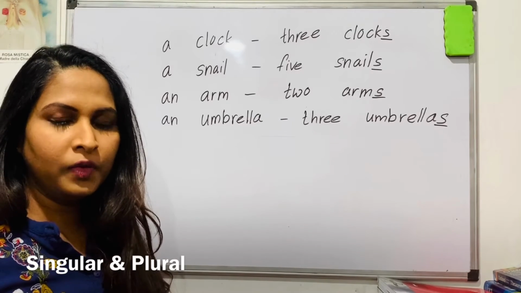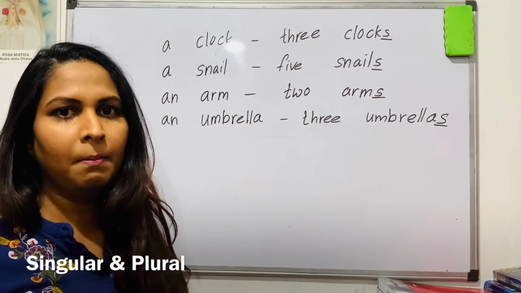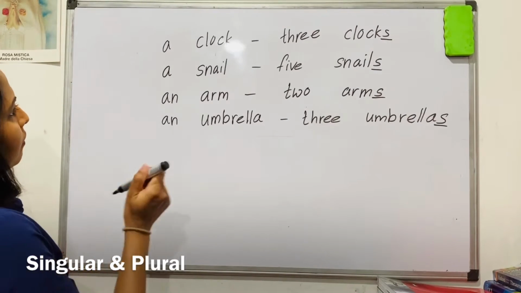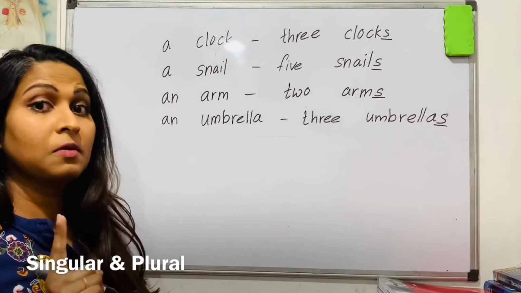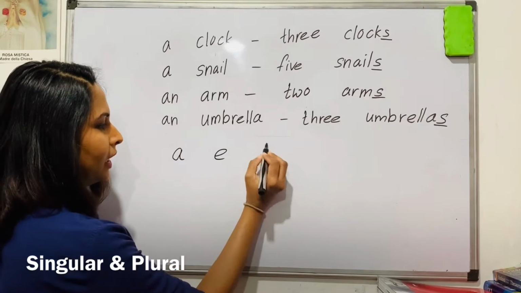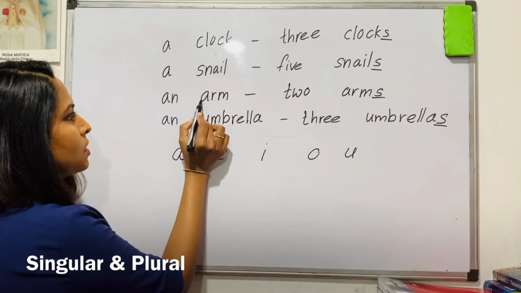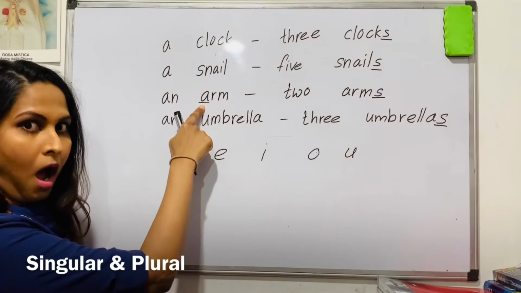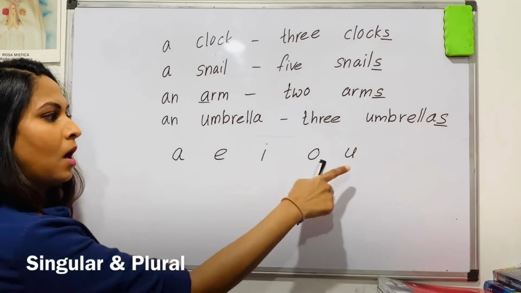That is because of the vowel sounds. I think you have already learnt about it, but I'll give you some information about it. When a word starts with a vowel sound, remember it's a vowel sound: A, E, I, O, U. You can see this word starts with a vowel sound and it's arm, but the sound is a sound.